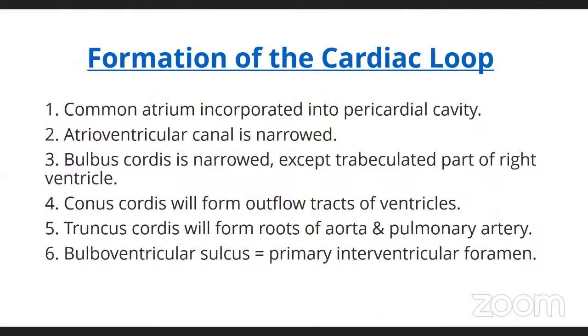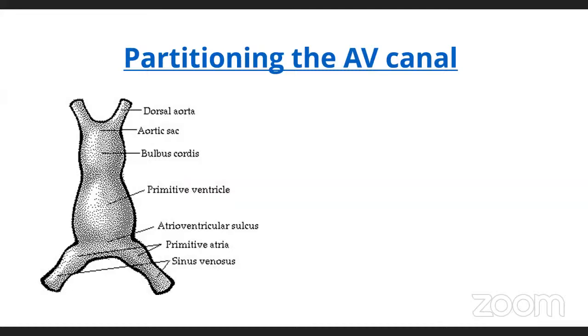So this slide summarizes the steps of the cardiac loop process. Next step is the formation of AV canals. Now we have this heart tube again. There is actually a little sulcus between the primitive atria and primitive ventricle that is called the AV sulcus.